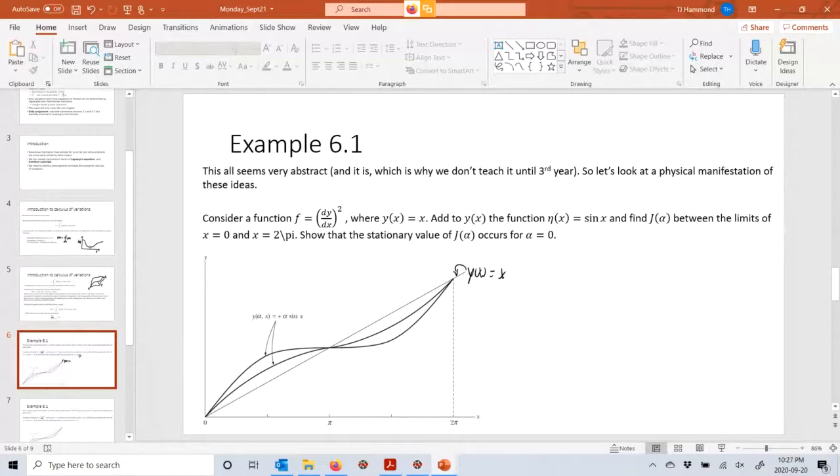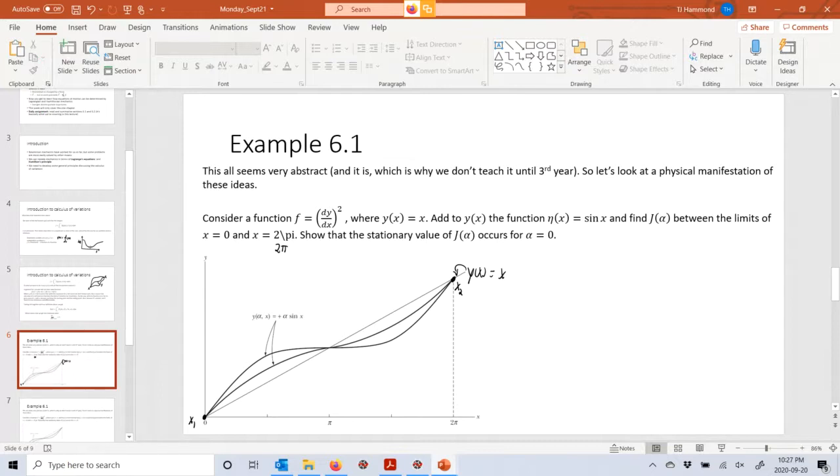It has to be 0 at x1, which is over here, and x2, which is over here, so it has to be equal to the same thing. So we'll say this function is going to be sine x. And this is just a simple example. And oh, this should obviously be 2 pi. Show that the stationary value of J of alpha occurs when alpha is equal to 0.